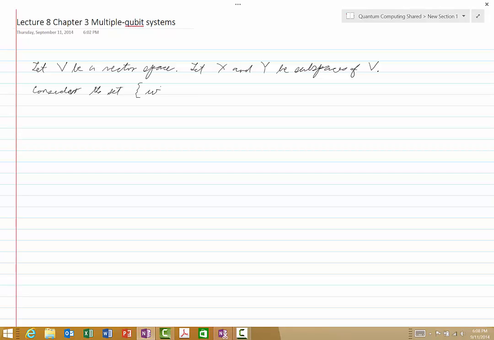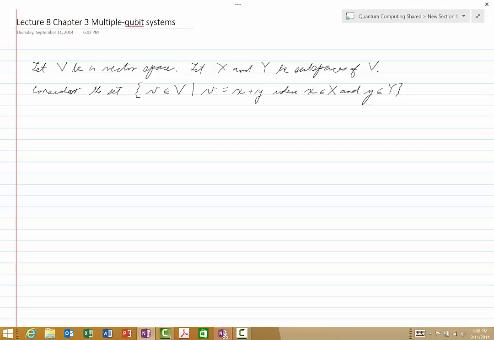We considered the set of all vectors, little v, in the vector space, such that little v could be written as x plus y, where little x is an element of X, and little y is an element of Y.